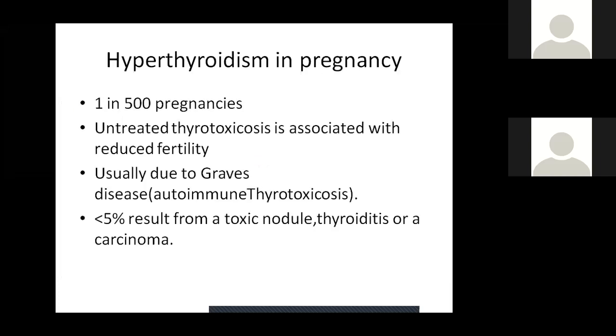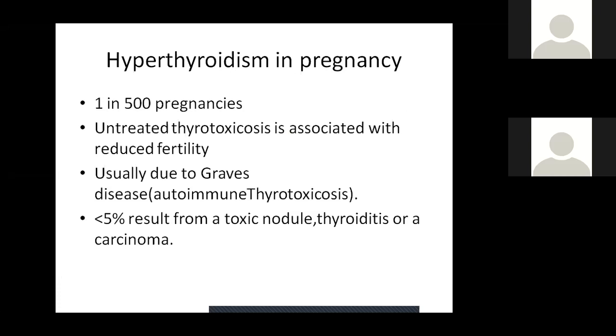So first we will discuss hyperthyroidism in pregnancy. It occurs in 1 in 500 pregnancies. Untreated thyrotoxicosis is associated with reduced fertility. Generally, patients with either hyper or hypothyroidism are unable to conceive once their thyroid levels are deranged.